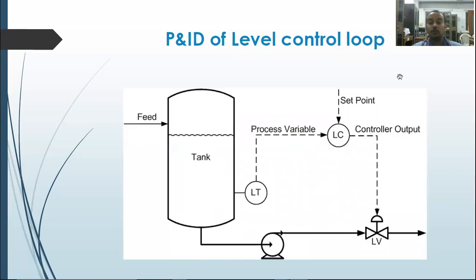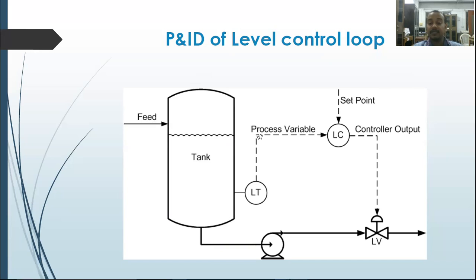Lastly, let's go to the discussion of the P&ID diagram of a level control loop. Again, we have a tank and some feed is given over there, maybe any kind of liquid, maybe oil, maybe water, anything we can take under consideration. Here you can see LT associated over there. This is nothing but the level transmitter.